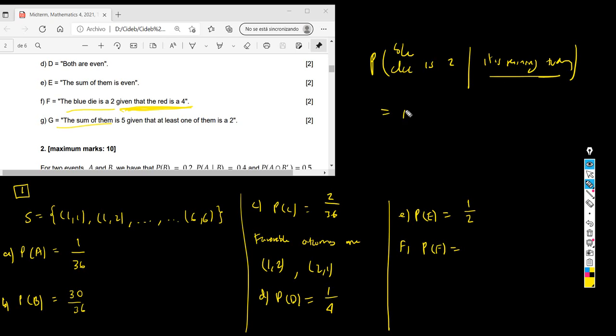This is going to be the same as the probability of the blue die being 2. Whether this occurs or not doesn't change the probability of this, because they're independent, right? And so basically this is the same as the probability of the blue die being 2, period, which is 1/6. That's it. Done.